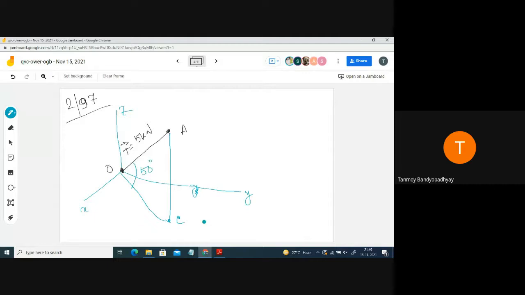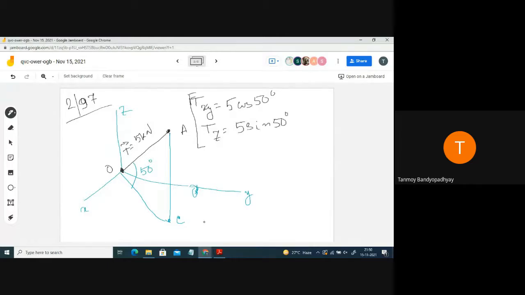So let's calculate the components. TXY will be equal to what? That will be 5 cos 50 degree. TZ will be equal to 5 sin 50 degree.